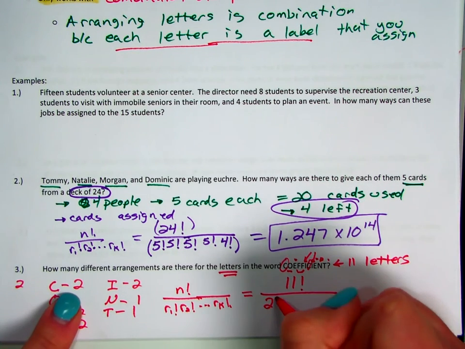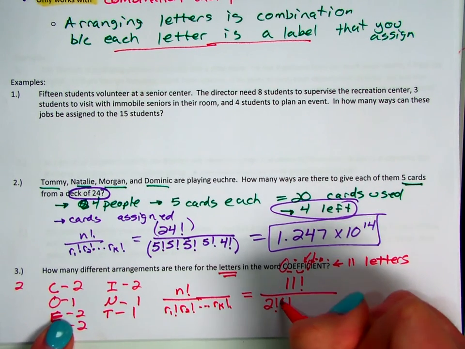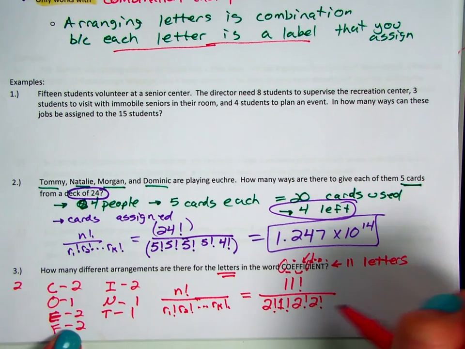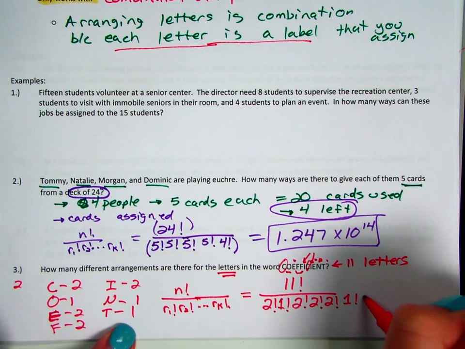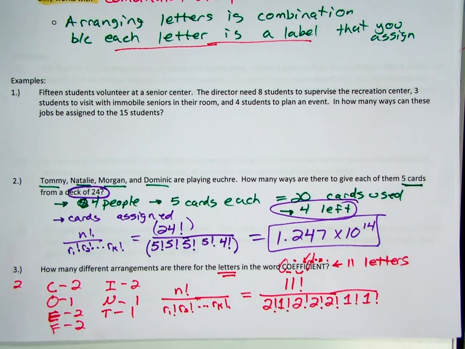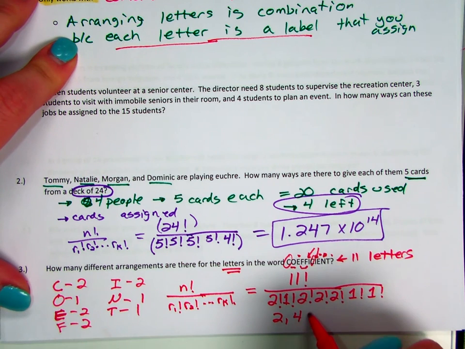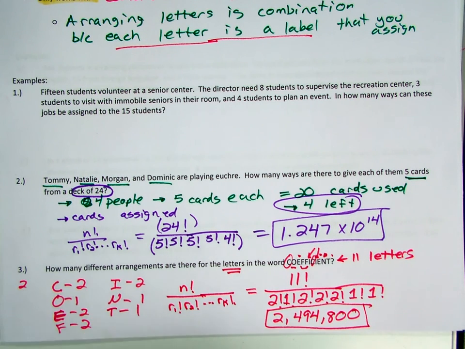And then I have 2 C's that are 2 things labeled with C, 1 with O, 2 with E, 2 with F, 2 with I, 1 with N, 1 with T. So now we're going to have to go ahead and type that in our calculator, and you will end up with 2,494,800 ways, different arrangements for those letters.